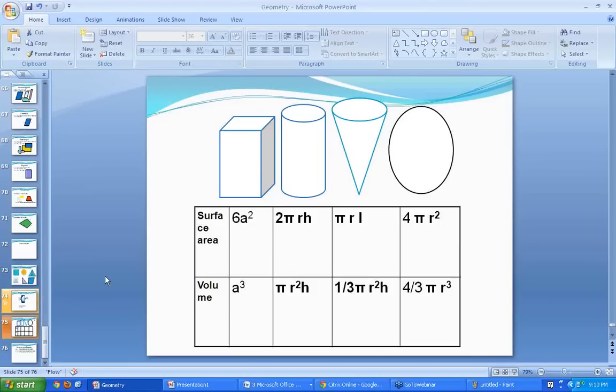Anyway, so if you see various surfaces here, the first one is a cuboid, second one is a cylinder, third one is a cone, fourth one is a solid sphere. So surface area and volume of all these have been given. These are not used extensively, still you should know the formulas.